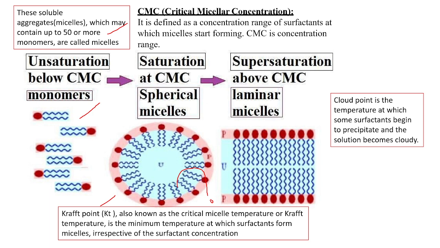Very important: the Kraft point and CMC have been asked many times in the GPAT, along with the aggregation number of surfactants. The aggregation number is at least 50 or more monomers needed in order to form micelles.